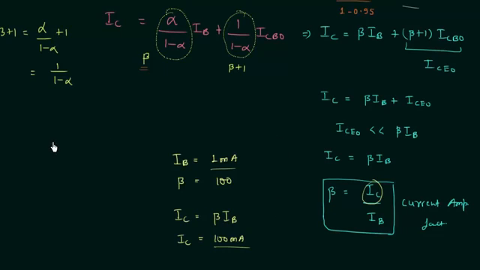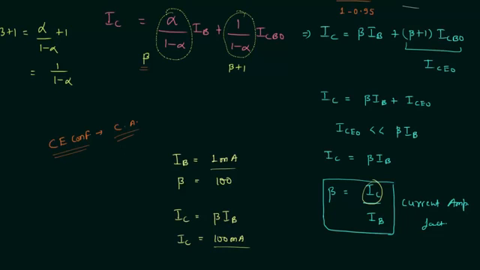This is a very important point. The common emitter configuration works as current amplifier. Generally transistors work as voltage amplifier because of transferred resistor, but common emitter configuration works as current amplifier.